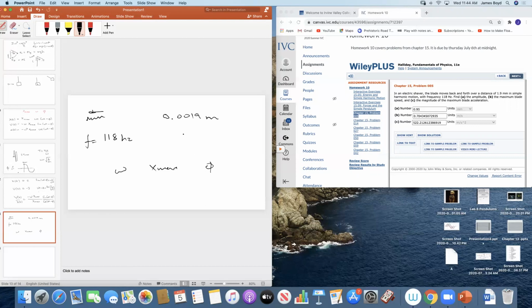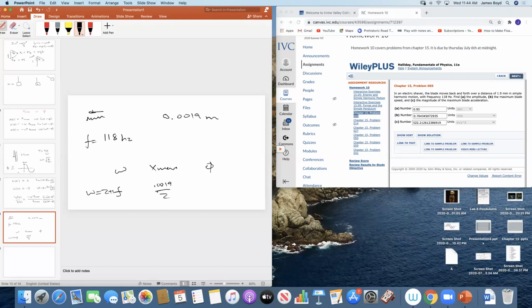Okay, so to start off with, we know that omega is equal to 2 pi f. So we can plug in 2 pi times 118. We know that this whole distance is 2 times x max, so this is 0.0019 to the half.